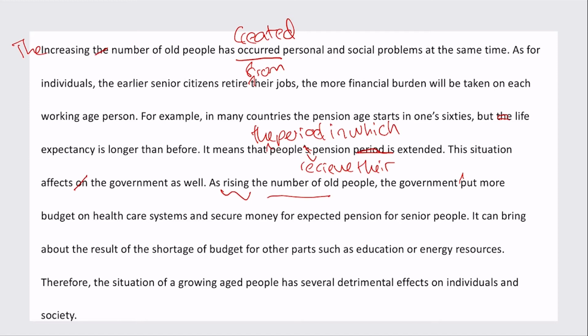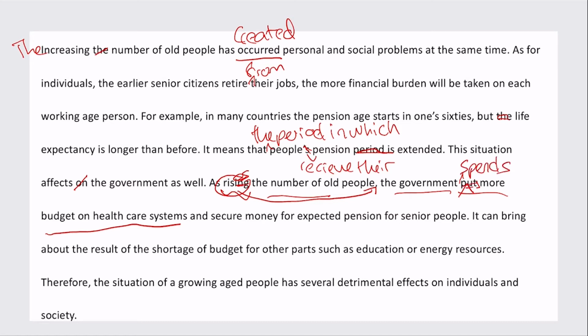This situation affects the government as well. As the number of old people rises, the government puts more budget on healthcare. So it should be puts the budget on healthcare. It should be spends. If we're talking about the budget, you spend the budget.